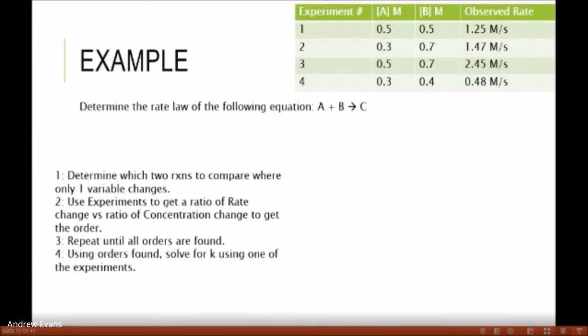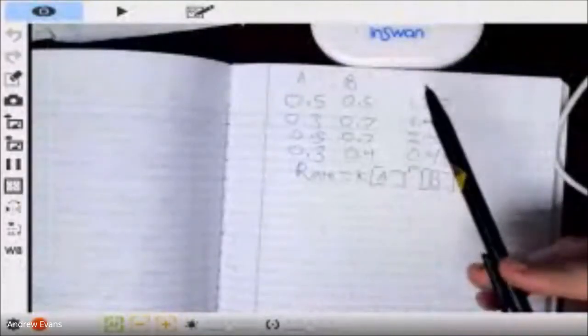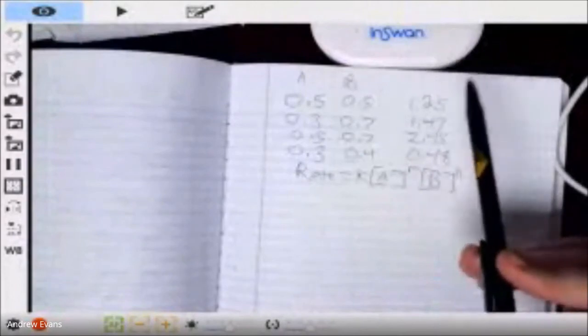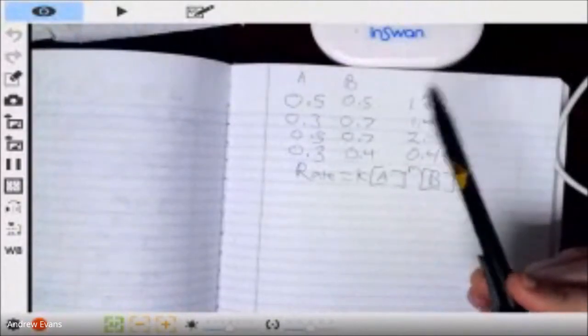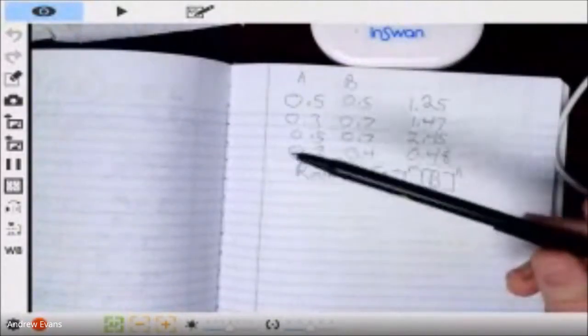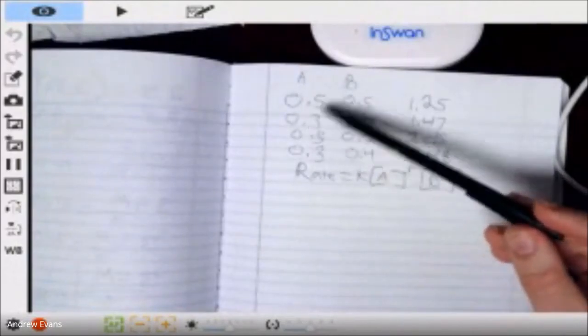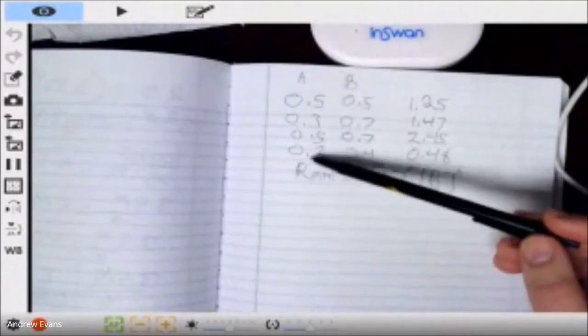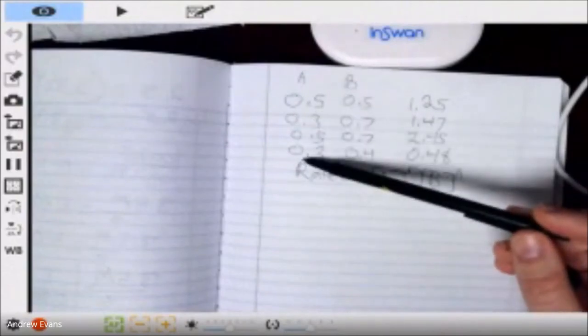So the first step is always to find the reaction order. The second step, once we find all the reaction orders, is to find our K. So we need to look at which experiments A changes, and which experiments B changes. A changes from 1 to 2 and 1 to 3, but it doesn't change from 2 to 4.